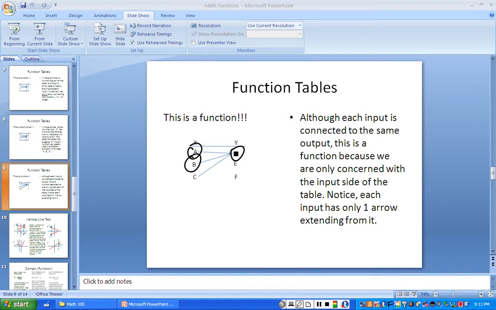Well, B has one answer, and it's D. When I look at C, does C have one answer or more than one answer? Well, C has one answer, and it's D. So as long as every input, every domain has only one answer, then it is a function. It doesn't matter that they have the same answer. All you care is that each input has only one answer. So this is a function.